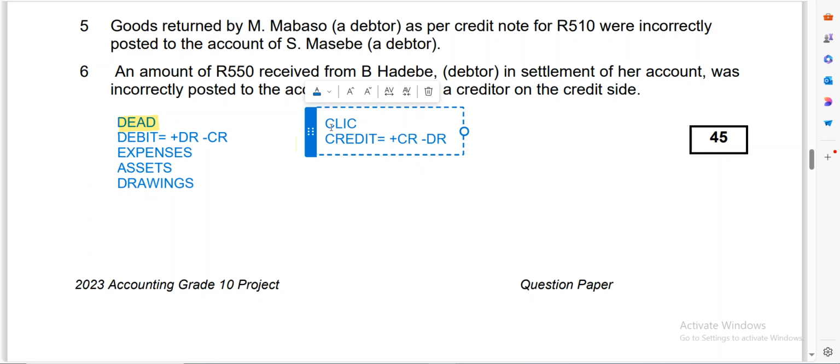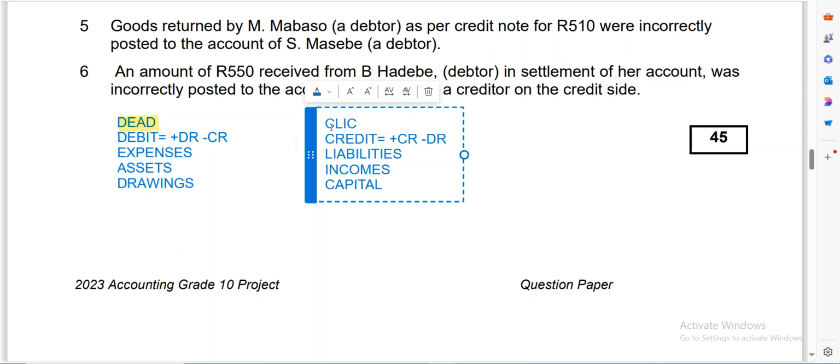Now after you're done with this, L is for liabilities, and then I is for incomes, and then the last letter, which is C, is for capital.